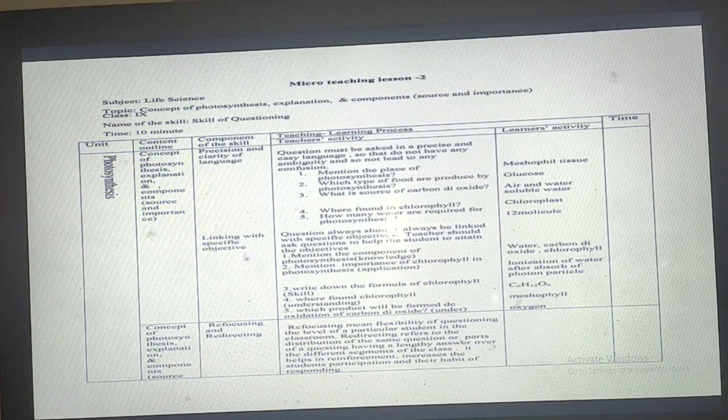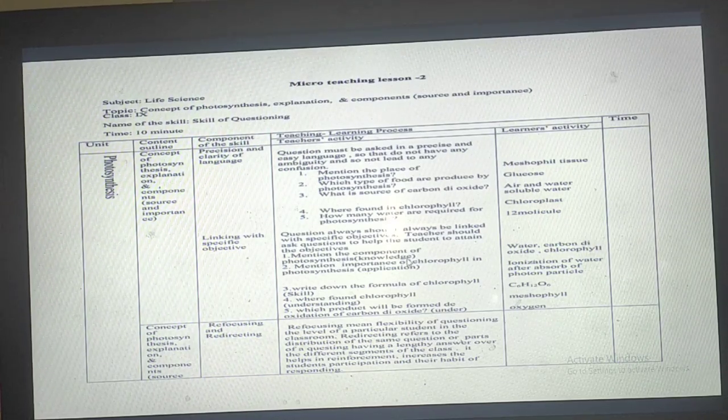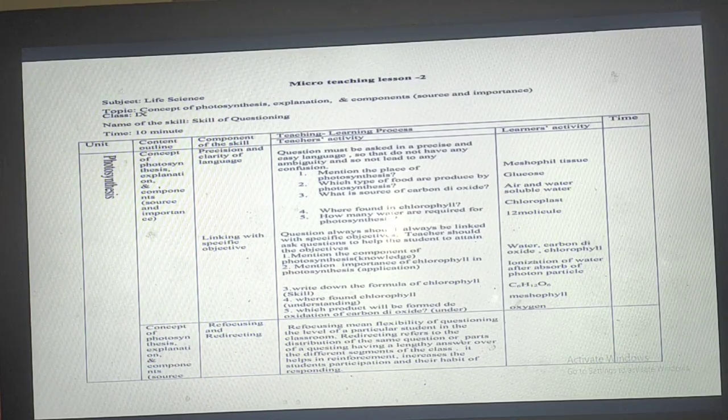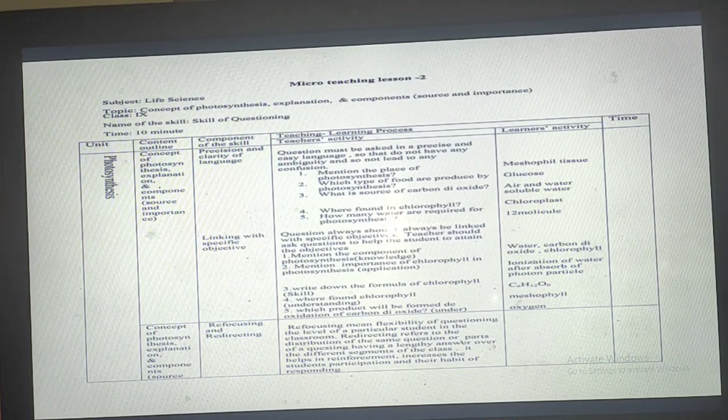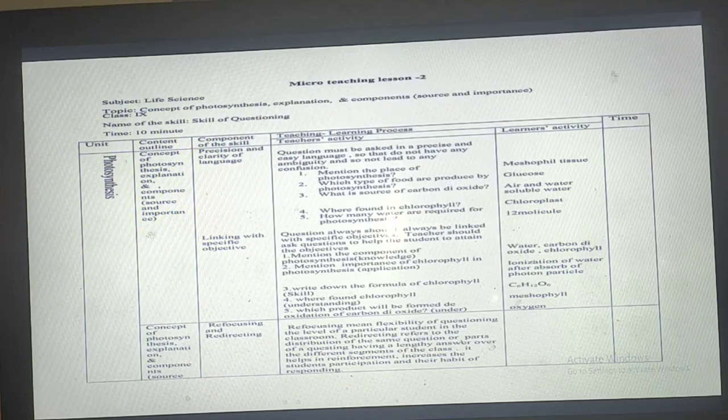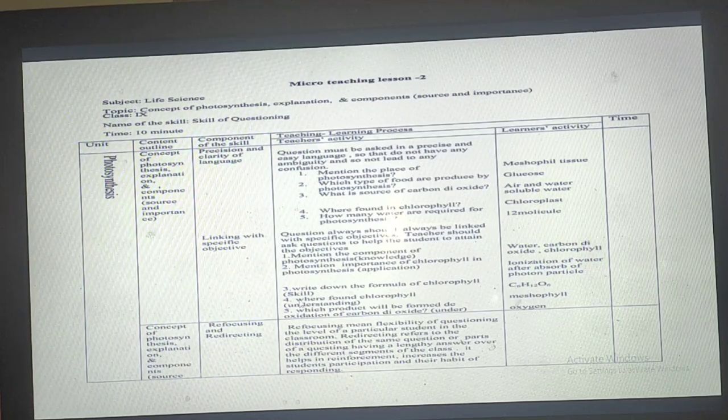Linking with the specific objectives: here the teacher asks questions according to the learning objectives. The learning objectives are knowledge based, understanding based, applying based, and skill based. The students answer the questions and their learning is measured by the learning objectives.